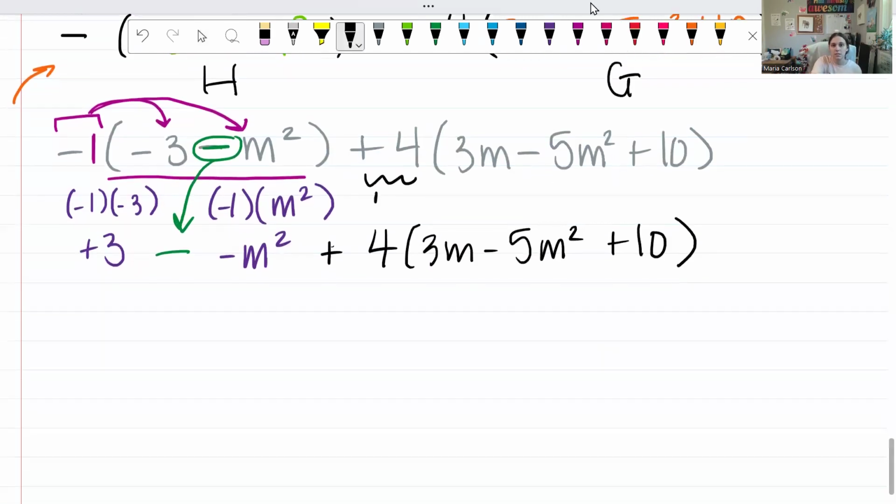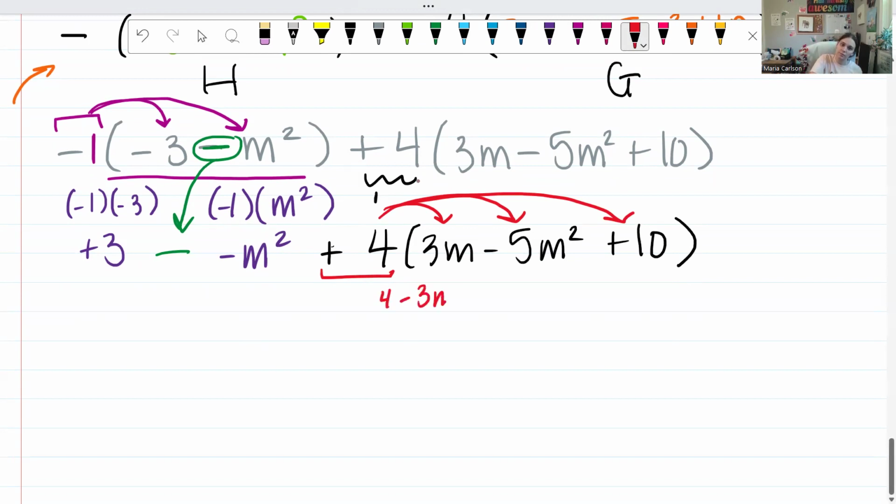All right, I'm going to distribute this 4 to 3m, to negative 5m squared, and to 10. So we have 4 times 3m, which gives us 12m. I have 4 times, I'm going to make this negative 5m squared.